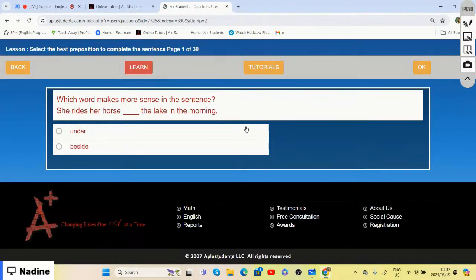Is it under the lake in the morning or beside the lake in the morning?